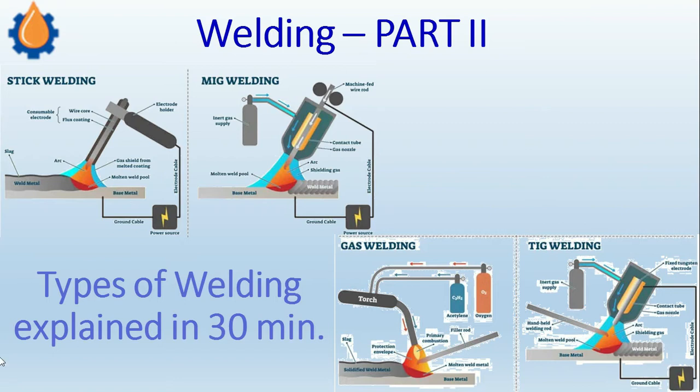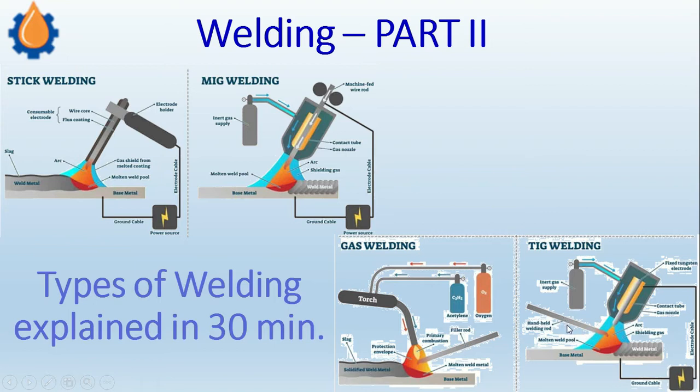Then we have TIG welding. We have discussed TIG welding. This is the filler metal, and again there is gas shielding. Here we have argon in the case of TIG. TIG is tungsten inert gas welding, because this is a non-consumable electrode made of tungsten. And this is a filler wire.